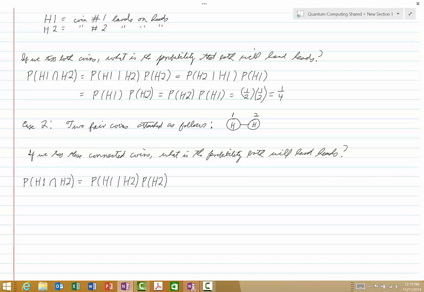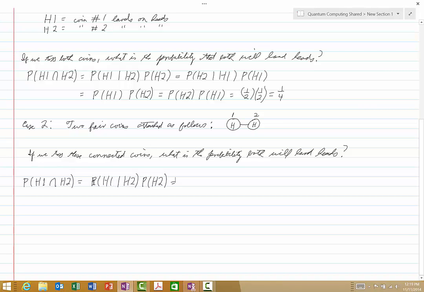So, now let's think about this carefully. What is the probability that the first coin will land heads given that the second has landed heads? Well, if the second coin has landed heads and the coins are attached in this way, then the first coin must land heads.